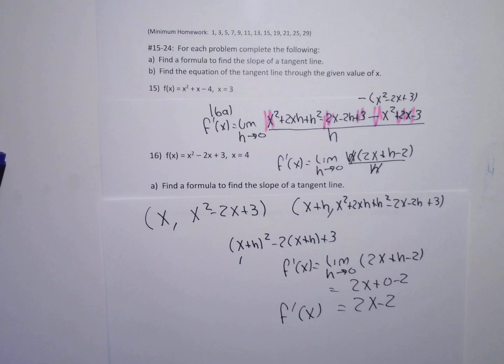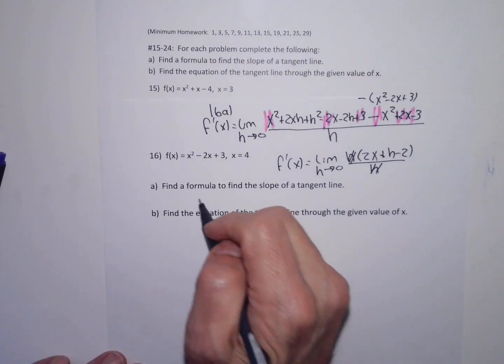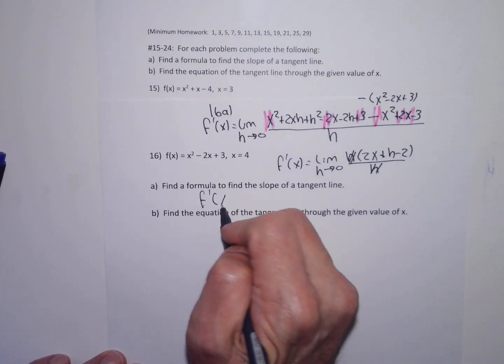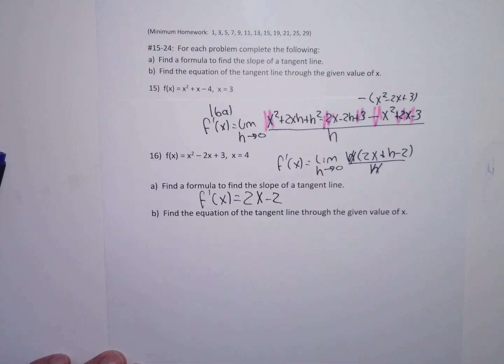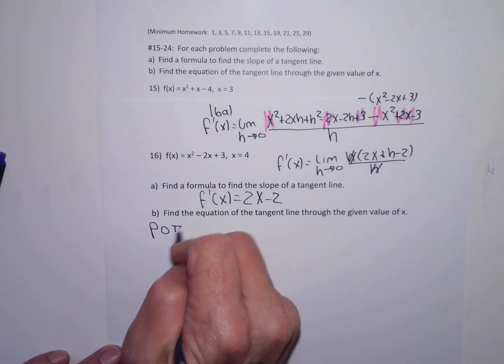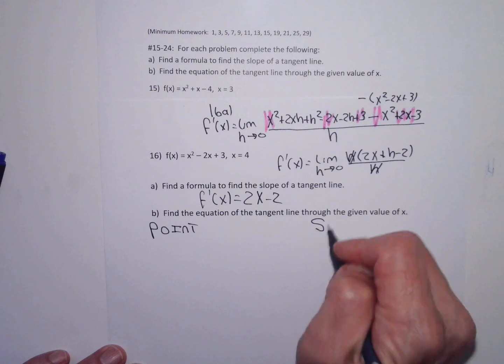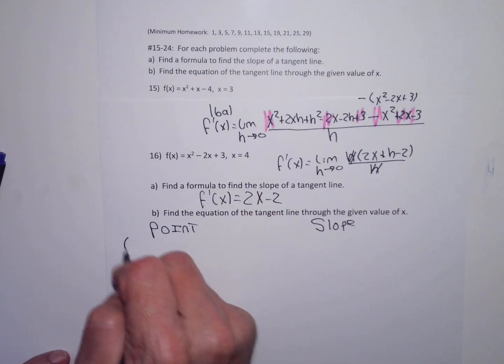That's the grunge. Now I need to actually find the equation of the tangent line, which is grungy but not so grungy. So the answer to part A, f prime of x equals 2x minus 2. Let me find the equation of a tangent line. To find an equation of a tangent line, I need a point and I need a slope. The only thing I know is the x-coordinate of the point is 4.